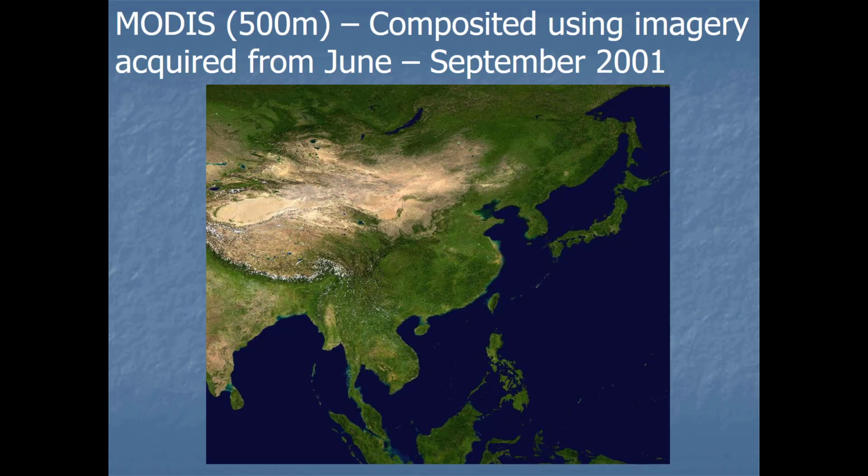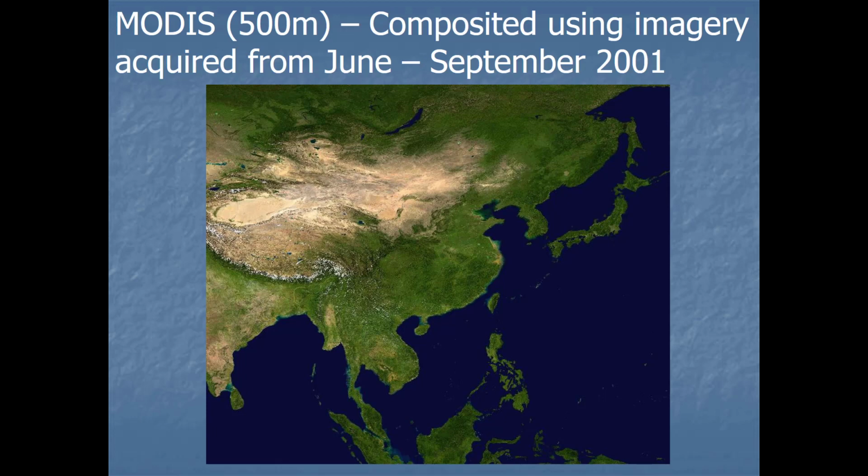So here are some examples of imagery. I'm just going to briefly describe the image and give you an example or two of applications. This is a composite image that was acquired from multiple scenes collected between June and September 2001. These have been put together into one image, and this could be used for looking at crop health.